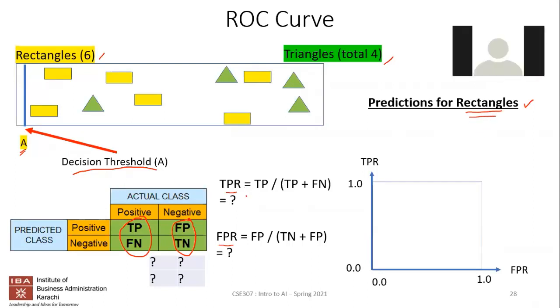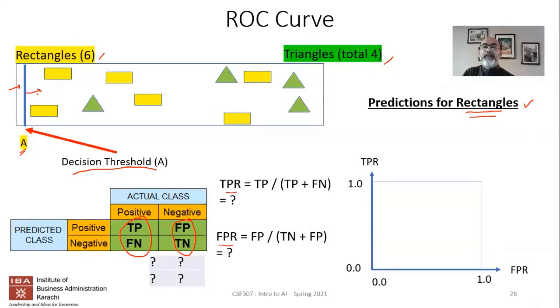Yeah, 6. So now the decision threshold is this. Everything over here is being considered as positive, and everything to the right of this line is being considered as negative. So the true positives are 0.